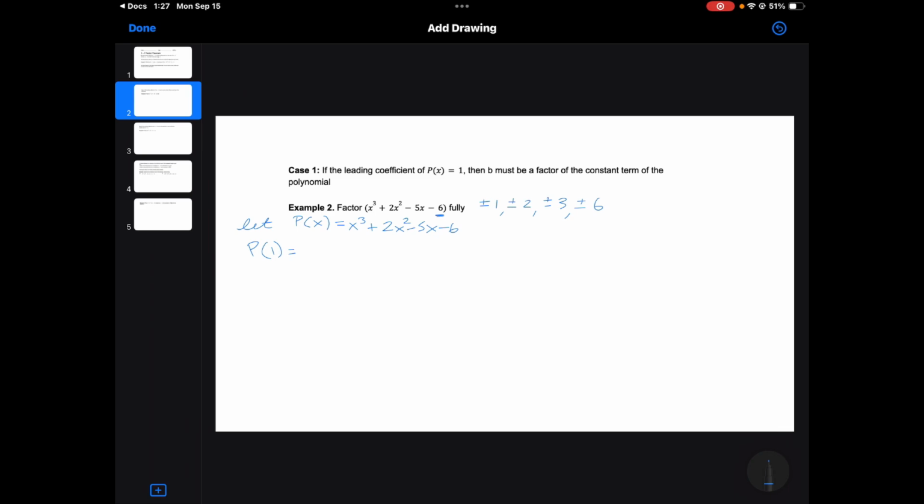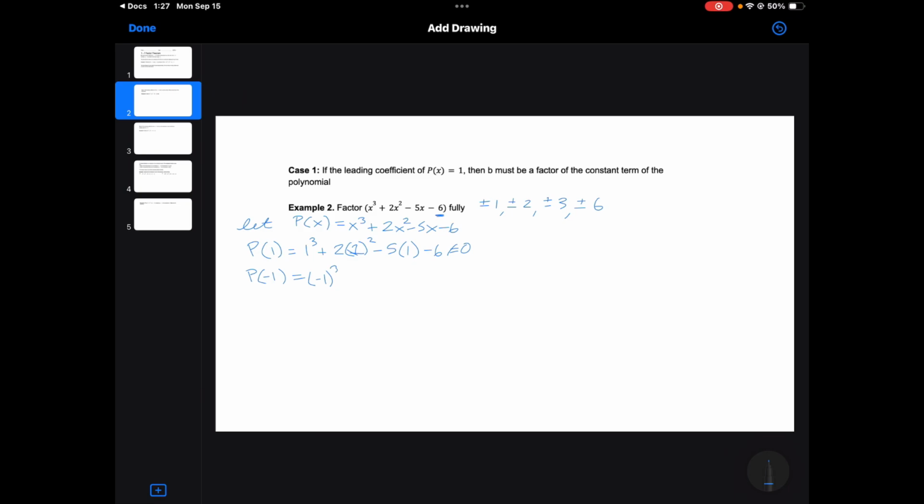So when I substitute in 1, you don't necessarily have to write it out, but I'm going to do it so that you can see what I'm doing. This is not equal to 0, so then I'm going to move on to my next factor. I start with minus 1 and 1 because those are small numbers. They're easy for me to work with.